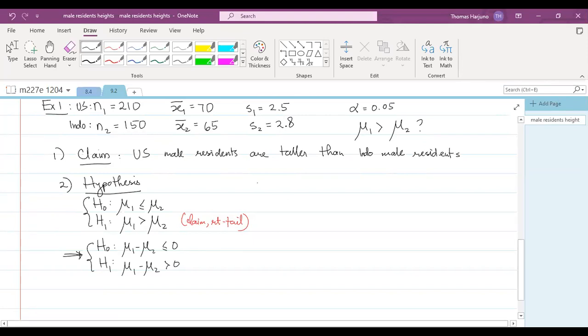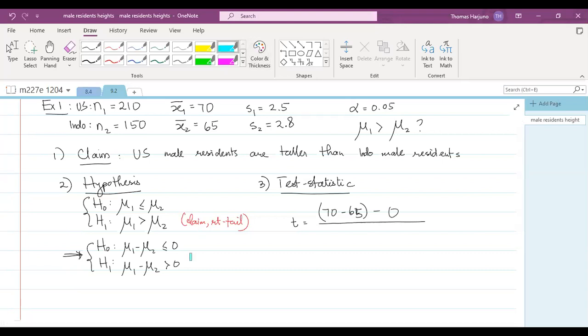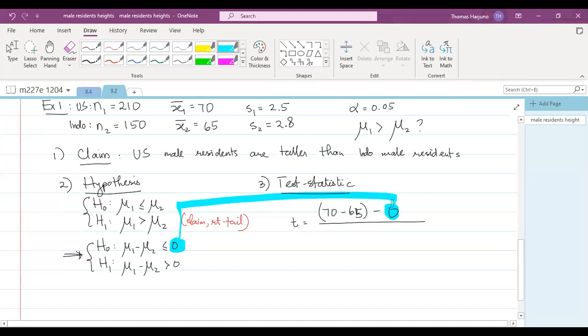Let me do my step 3 here. The statistic t, because we don't know the population standard deviation, will be x1 bar minus x2 bar, minus mu1 minus mu2. But what is mu1 minus mu2? 0. That's the zero, the constant from the null hypothesis. I hope you remember that.